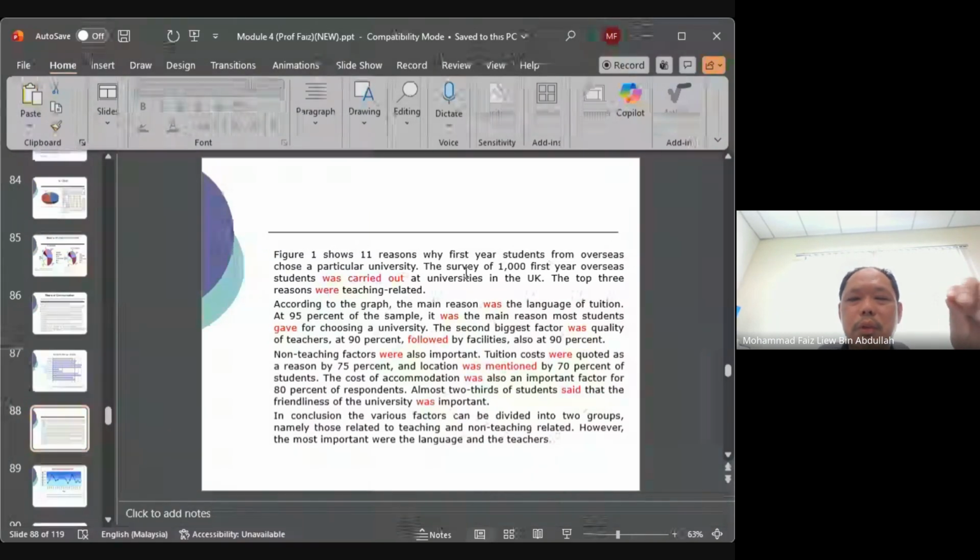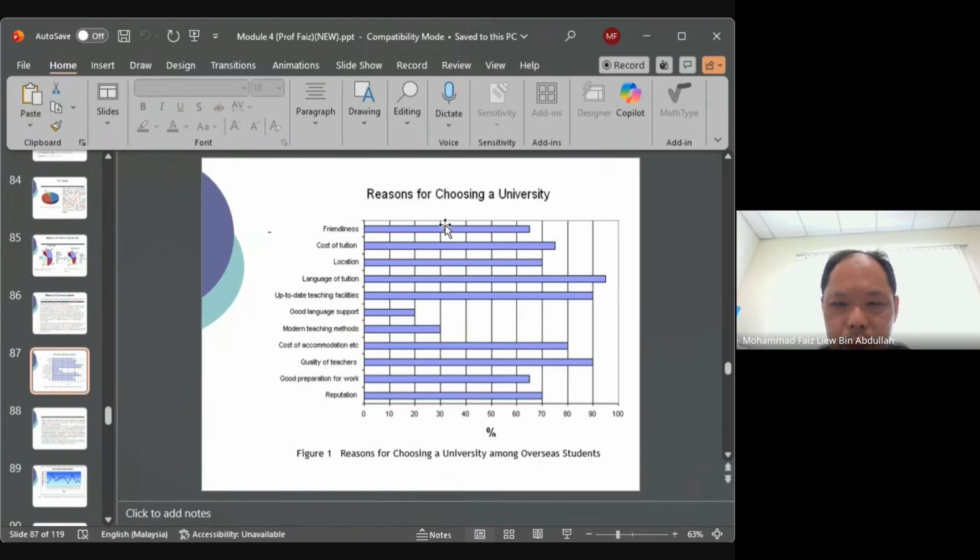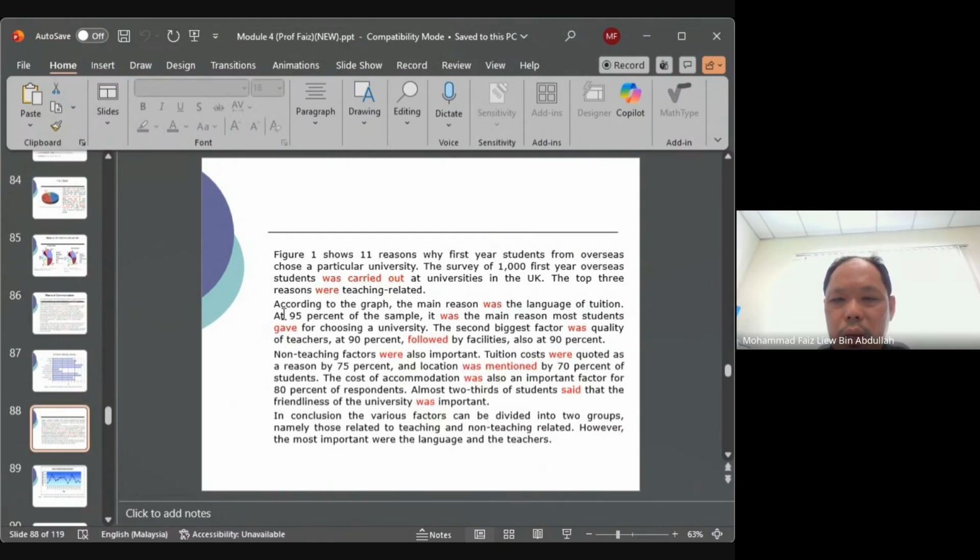These are the detailed information you have to give: where the data was collected, when the data was collected. And then the top 3 reasons were teaching related. You can see which are the top 3 from the percentage here. Then you can explain more according to the graph.